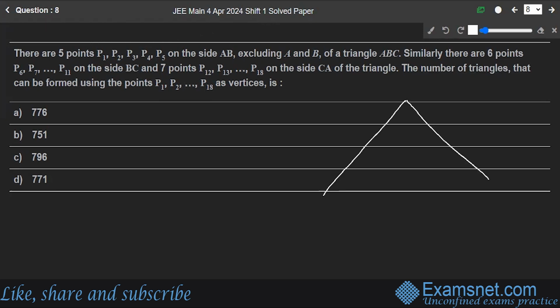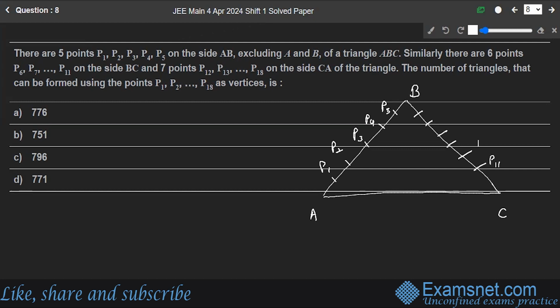So here is your triangle. Let's say this is A, B, and C. So first of all, AB is having P1, P2, P3, P4, P5 points. And BC is having from P6 to P11: P6, 7, 8, 9, 10, and 11.